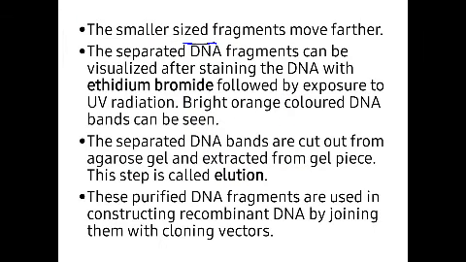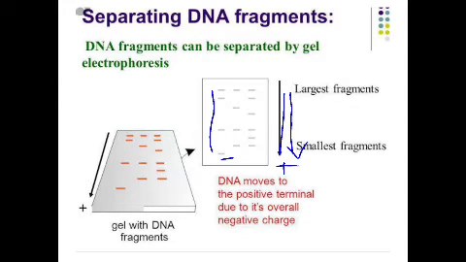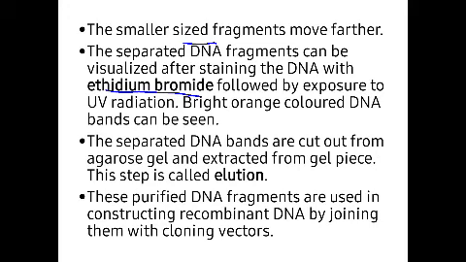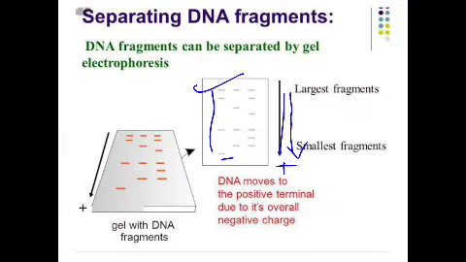Okay, and the separated DNA fragments can be visualized after staining the DNA with ethidium bromide. The DNA in the agarose gel is not so visible, so to make it visible we have to provide a certain stain or dye, that is a color. That staining of the DNA will be given by ethidium bromide, this is the stain, followed by exposure to ultraviolet radiation, so bright orange colored DNA bands can be visualized.